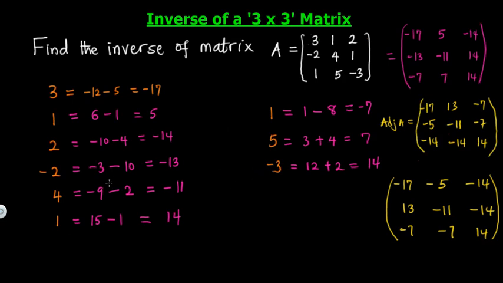Remember, we have gotten the determinant of this matrix A to be minus 84.